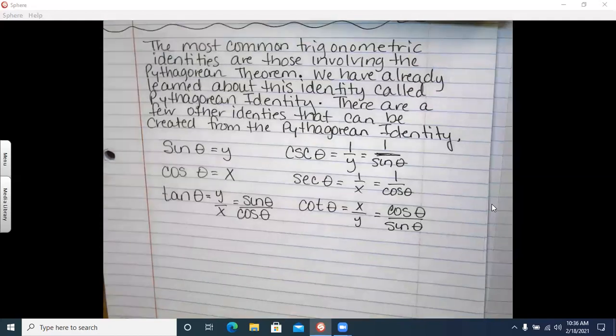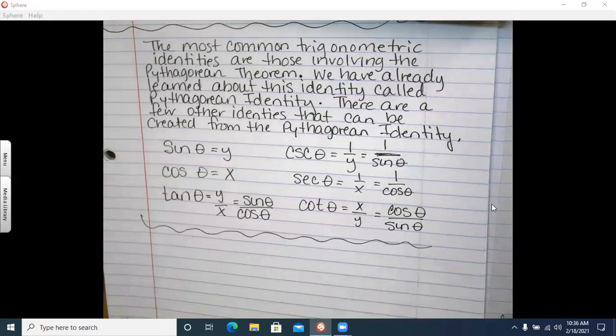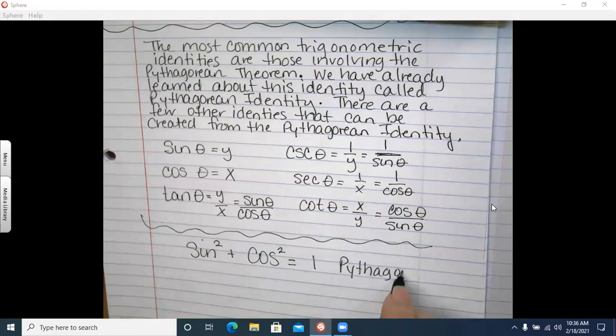All right, so we learned that the one well-known equation that we can derive from the Pythagorean theorem is the Pythagorean identity. And that was sine squared plus cosine squared equals 1. That's the Pythagorean identity. Right? We learned that not last class, the class before. We had an assignment over it last class.